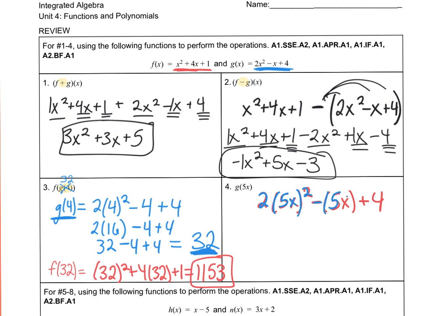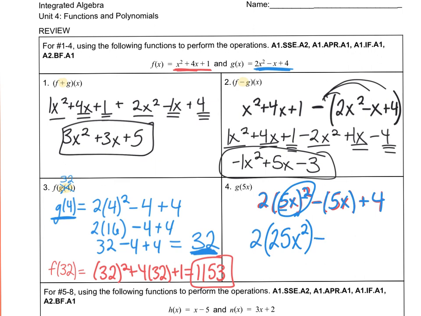Okay, what comes first? Yep, the squared. So 5x squared. First off, let's do 5 squared. What's 5 squared? 25. And then x squared? It's just x squared.